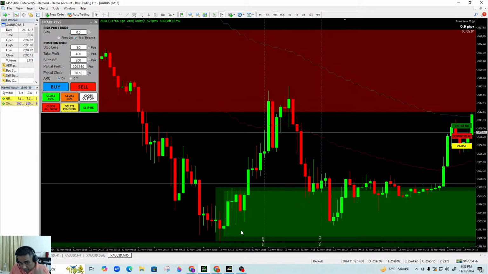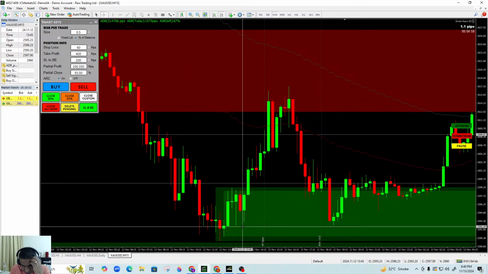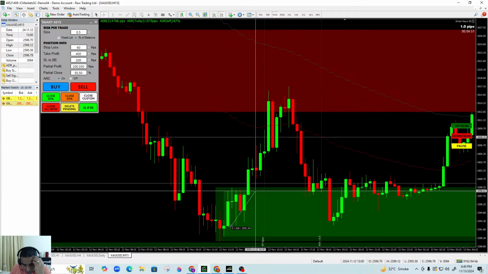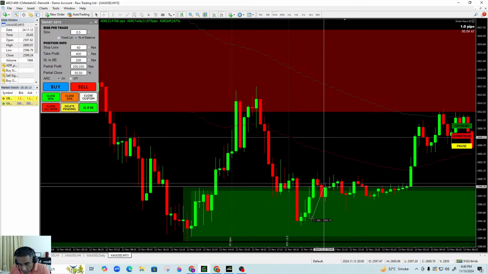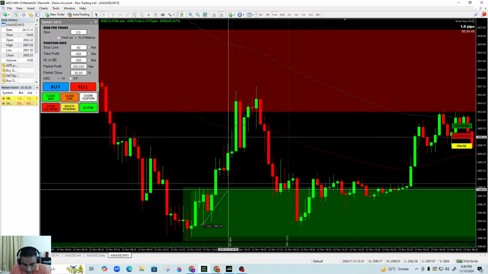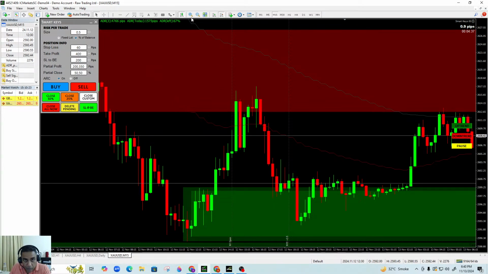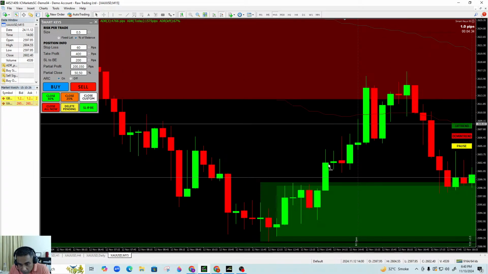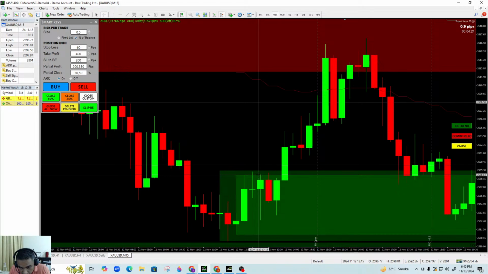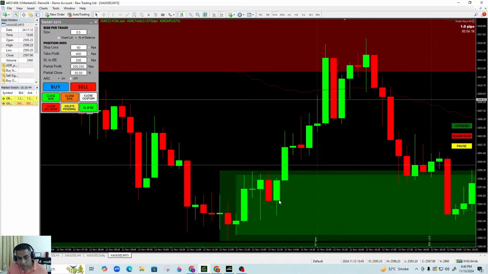It's a massive zone, 80 pip zone. It's a 62 pip candle. So 56 pip candle. So this high is 823.